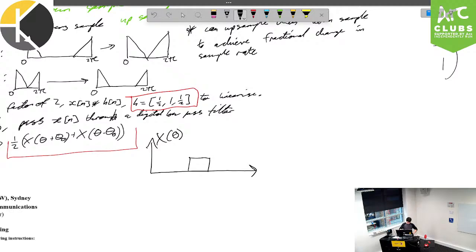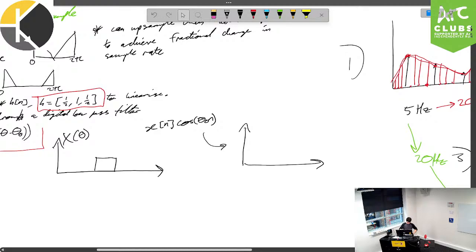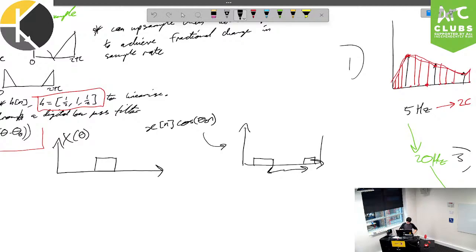If we go ahead and consider, okay, x[n] cos(theta 0 n), what it would instead give us within a Fourier transform would be the same box split in half and then pushed away from each other with an angle of 2 times theta 0, okay?